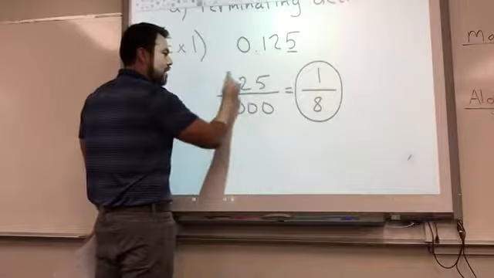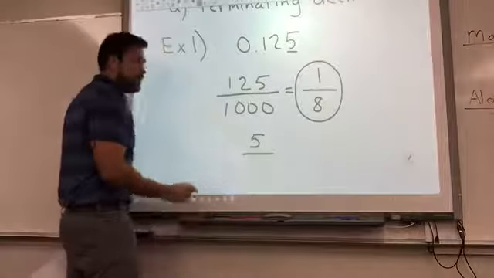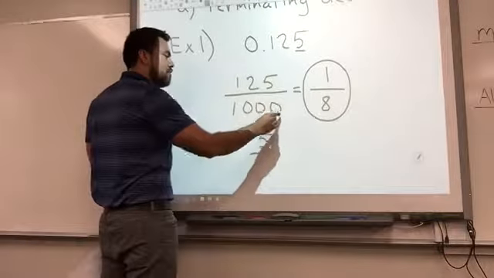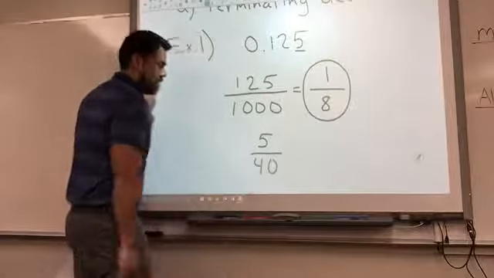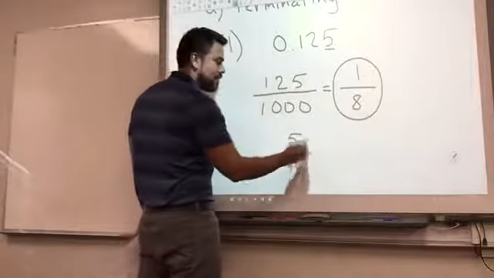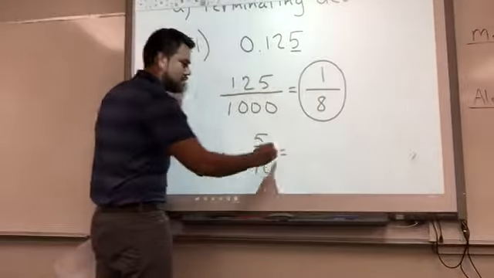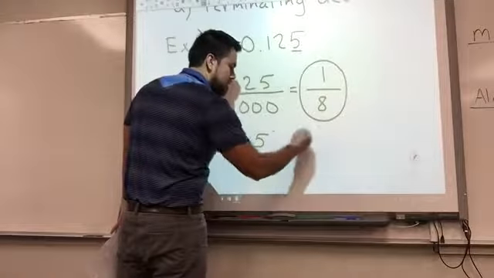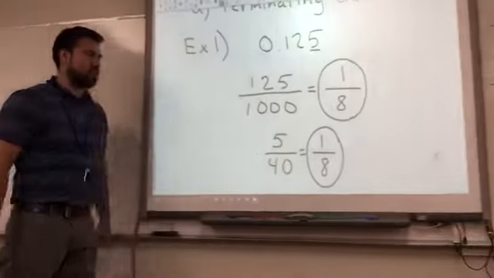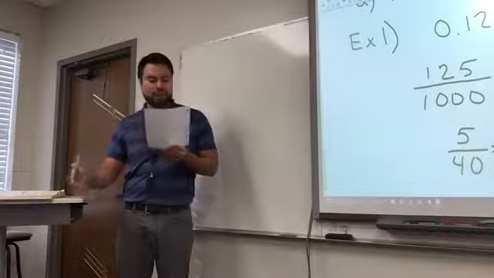How many times does 25 go into 125? 5 times. The tougher part is how many times does 25 go into 1,000? 40. And then, is this simplified? No. So what do I divide both of these by? 5. So 5 goes into 5 once, 5 goes into 40 eight times. So 1/8, whichever way you took would have gotten you there. Just be careful when you divide. Make sure you get a common factor.